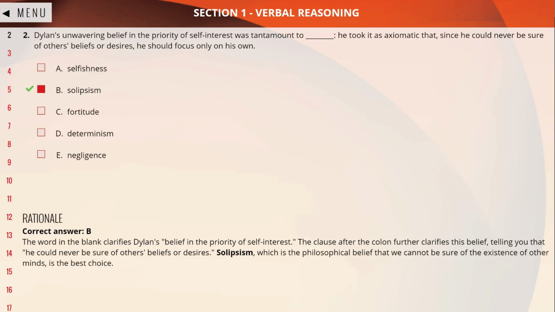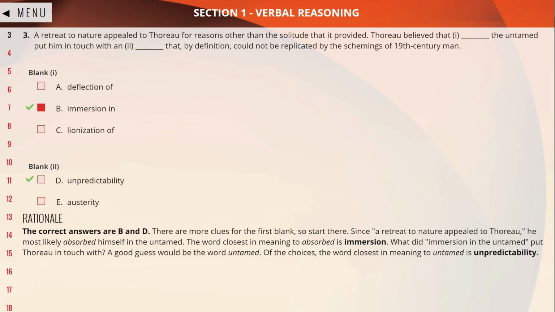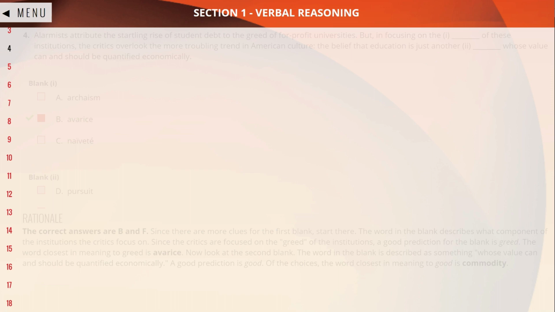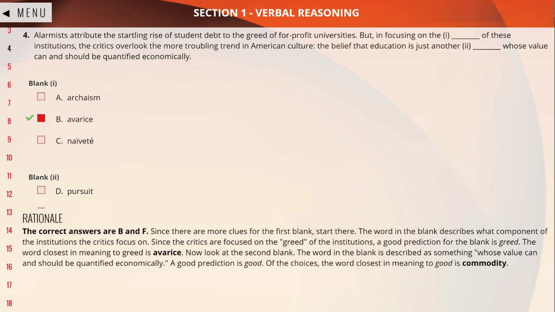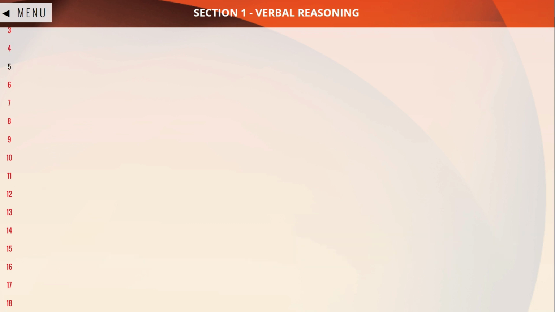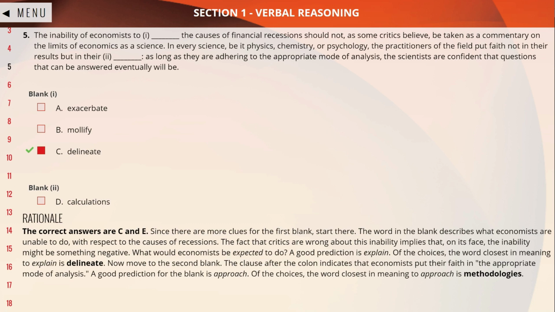Ambivalence, solipsism, that was a little bit hard, but yeah. Immersion, unpredictability, yeah. That's fine. Avarice, how do we even see? Yeah, commodity. Okay, delineate. Hard to scroll down on this actually.